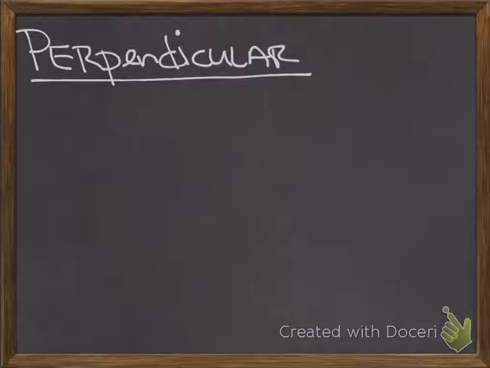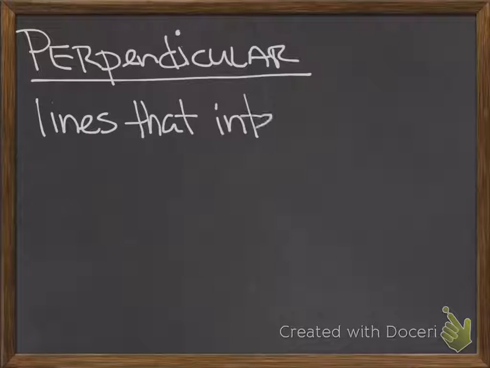You're right. You just have to add a little bit more to that definition. Parallels never touch. Perpendiculars do intersect, but we need something else. They intersect in a special way. Someone know what type of angle they intersect in? Correct.